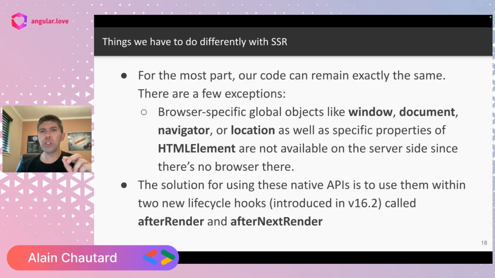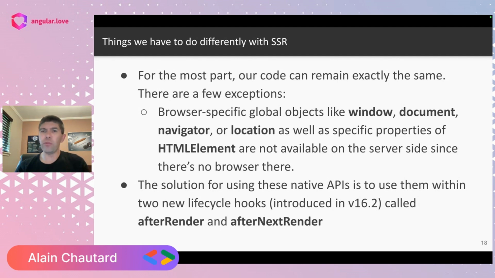The only things that are going to be a little bit different is that if you do browser-specific stuff, like using the window object or document, navigator, location, or some specific properties of HTML element, as you can imagine, these do not exist on the server side when Angular is pre-rendering those pages, right? It's pre-rendering the pages with Node.js, not with a browser.